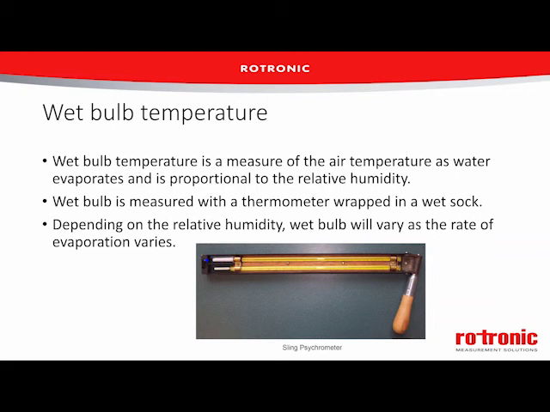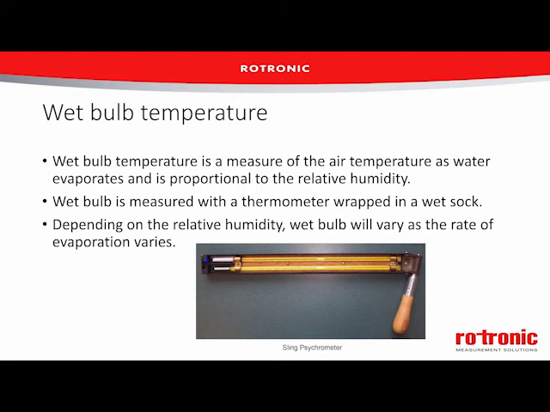As the air flows over the sensors, the water starts to evaporate off the sock, and that evaporation takes energy, which drives down the temperature of that thermometer, and that's what gives us the wet bulb temperature. From this, we're able to calculate what the relative humidity is using the wet bulb temperature and the dry bulb temperature.